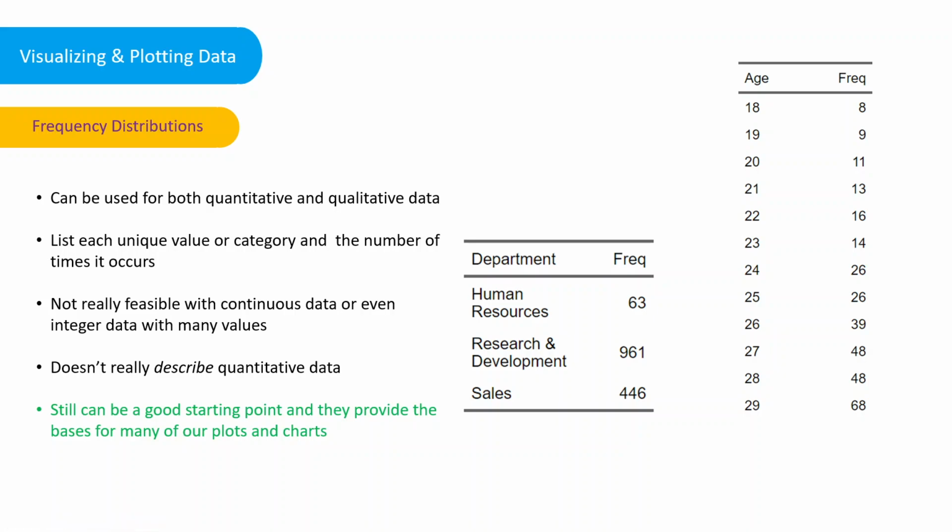Think about employee salary, for example. Think about all of the different ranges and unique values that people's salaries could be. If you try to list all of those out from smallest to largest and the number of times those occur, not only is that really difficult to do, but it's really not all that meaningful. So frequency distributions don't really do a good job of describing quantitative data, but they're still important to understand because they form the basis of a lot of the other things that we're going to be talking about.